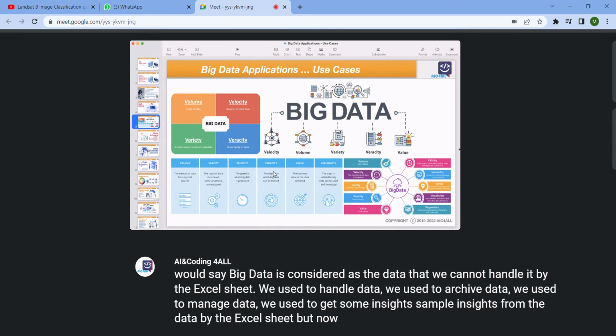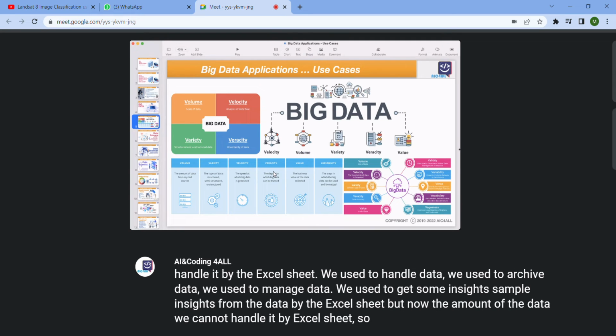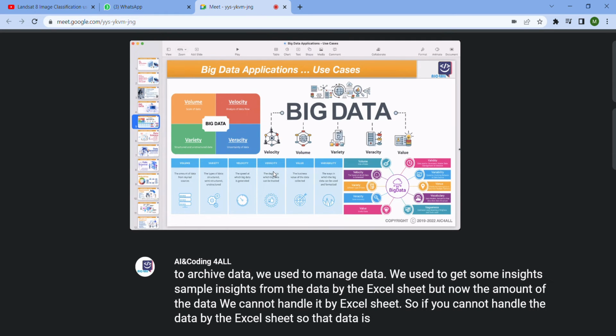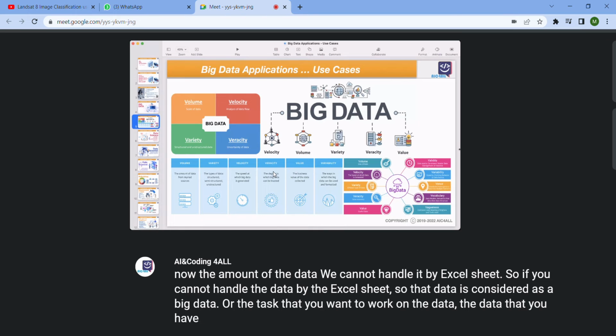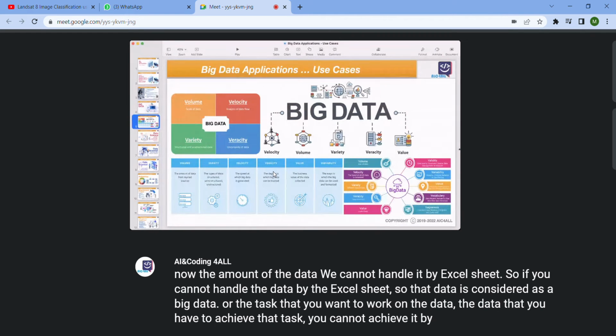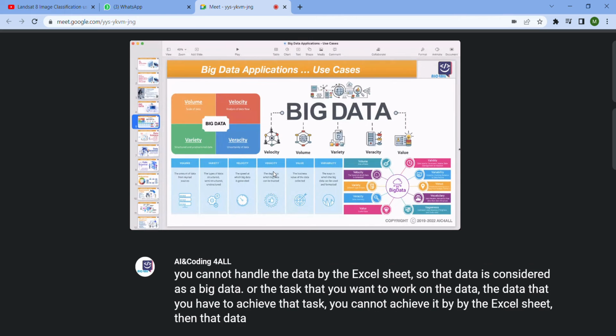But now the amount of data is such that we cannot handle it with an Excel sheet. So if you cannot handle the data with an Excel sheet, that data is considered big data. Or if the task you want to achieve with the data cannot be achieved with an Excel sheet, then we consider that data big data.